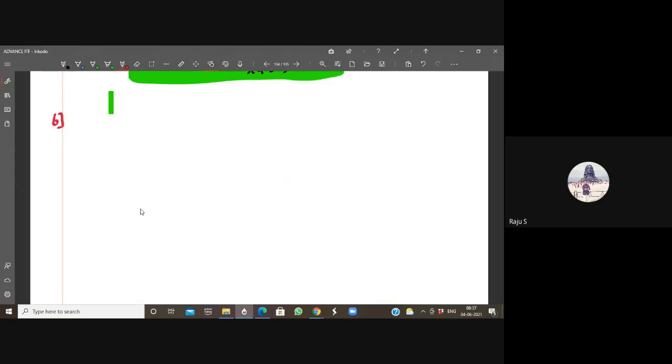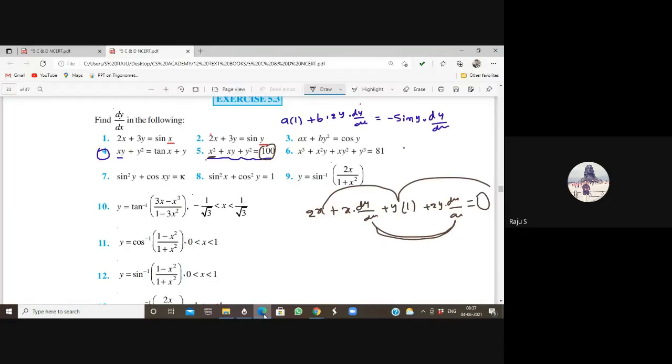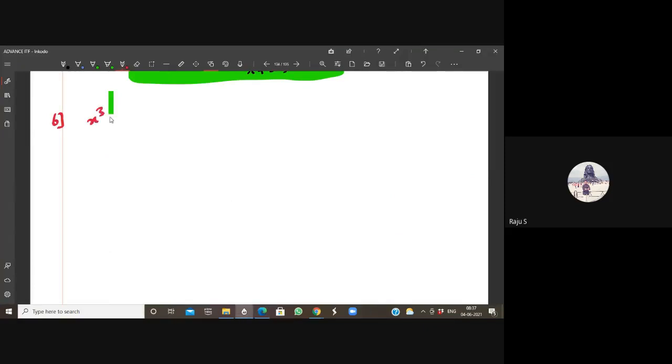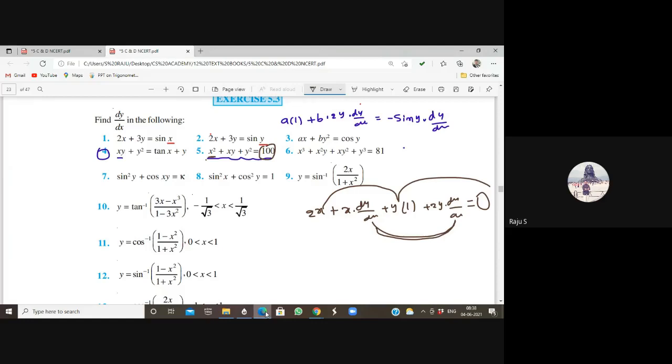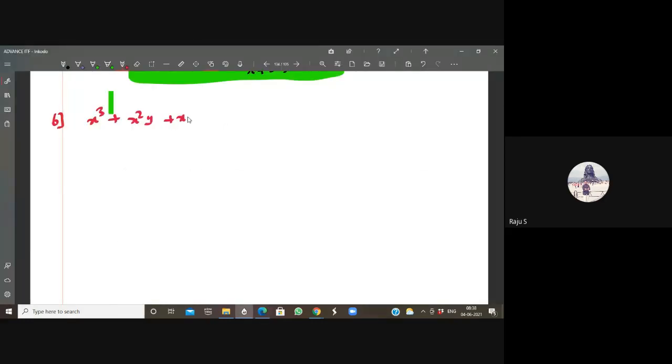Sixth question is x cube plus x square y plus xy square plus y cube is equal to 81. So in the solution what I have to do here, first differentiate on both sides. D by dx of this total value should be equal to d by dx of 81.